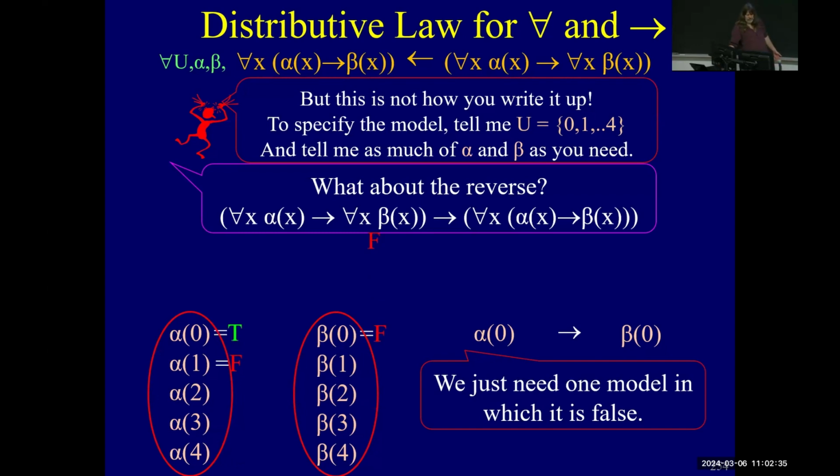Because this is false, and hence this is true, so we have these things, and hence this is false, and hence this is false, and hence this is false. Everybody see that?